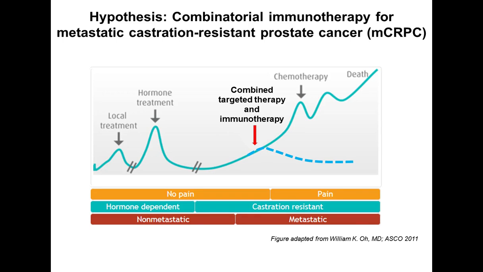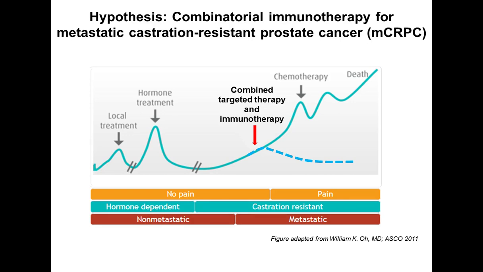So this graph shows the current treatment strategy for prostate cancer, from early local treatment such as surgery and radiation therapy, and also a lot of patients go through hormone therapy, known as androgen deprivation therapy, or ADT. But inevitably, these patients who have gone through ADT will develop resistance and develop CRPC.